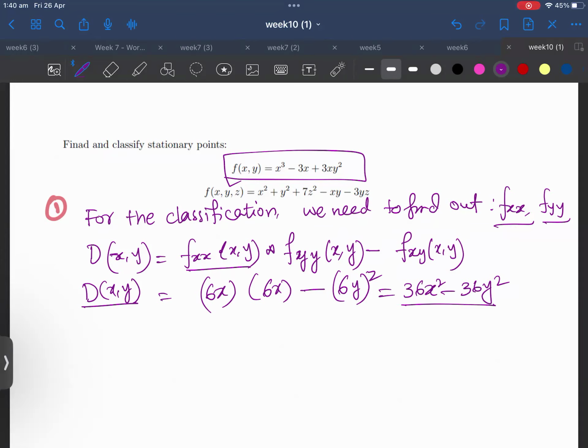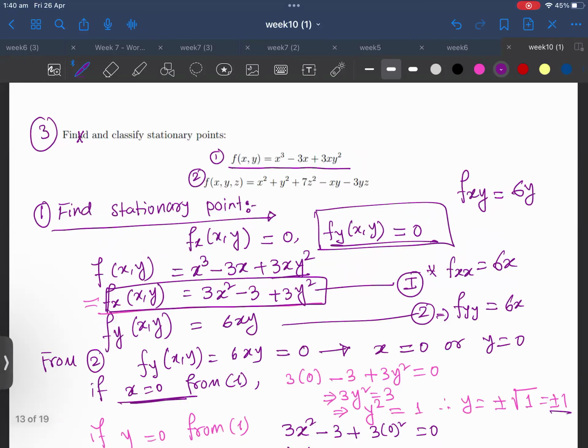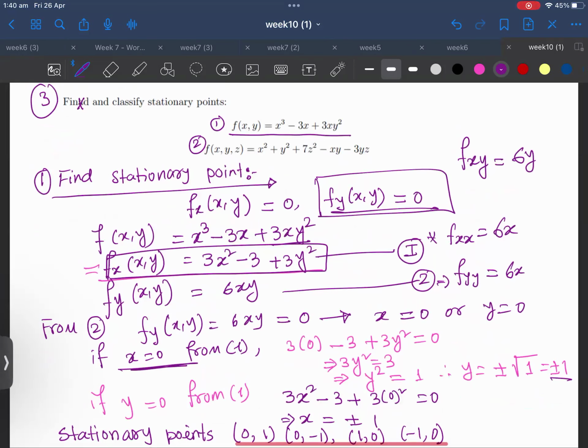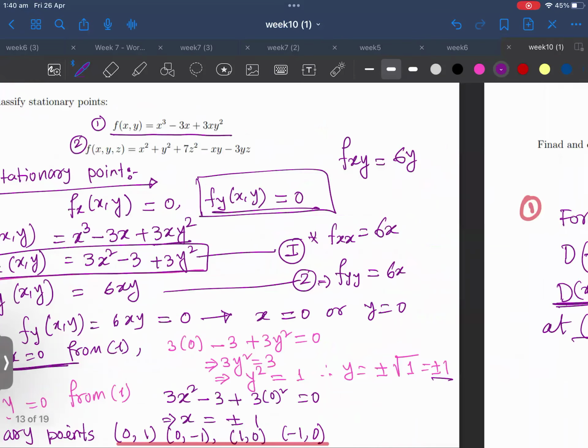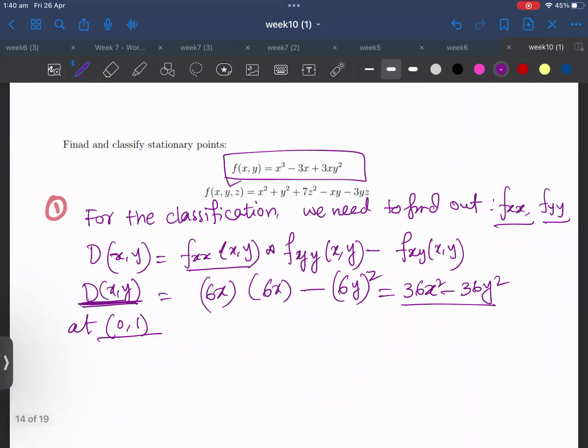Now we need to plug in this determinant at the stationary points: 0 1, 0 minus 1, 1 0, and minus 1 0, the four different cases here. And see whether this D is positive or negative.